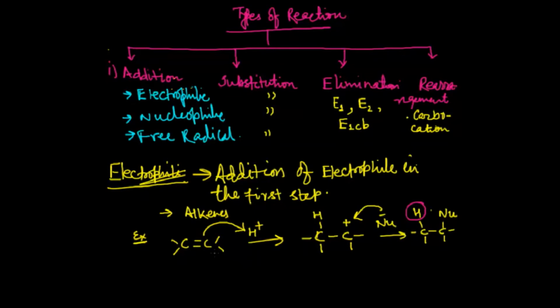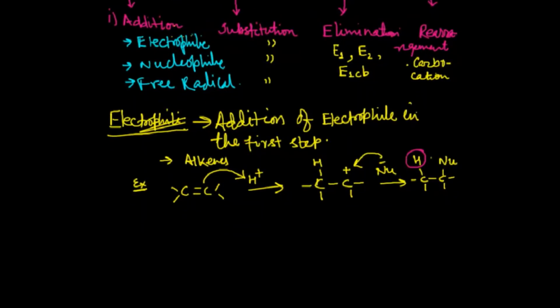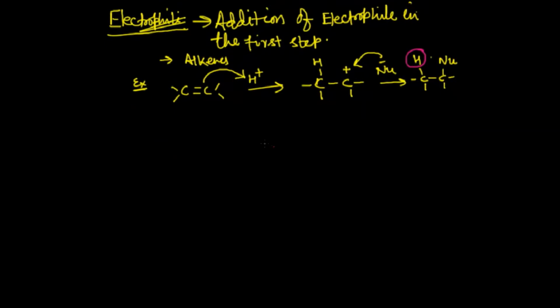Now this is the simplest case where there is nothing different. A symmetrical alkene has been used, and simple H+ is used, so we are getting this kind of product. But what if the reagent itself is different?